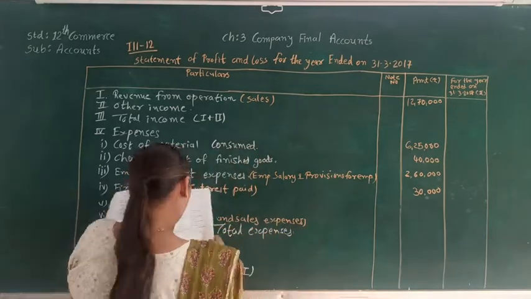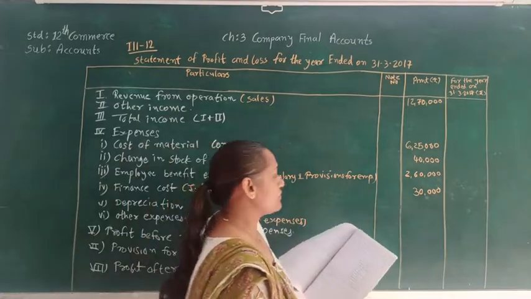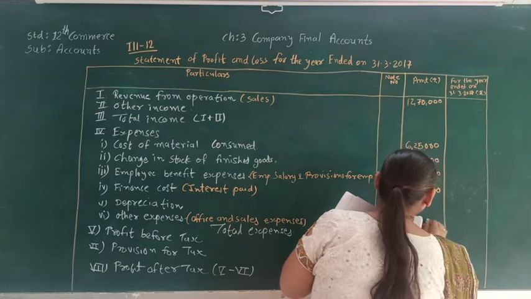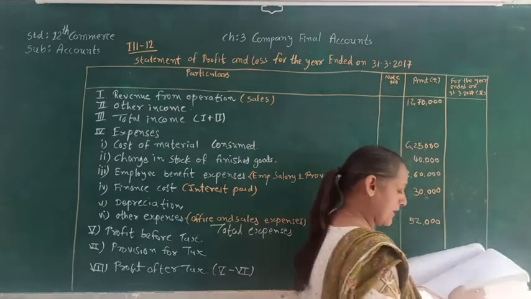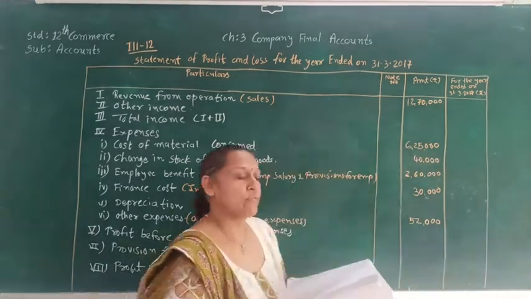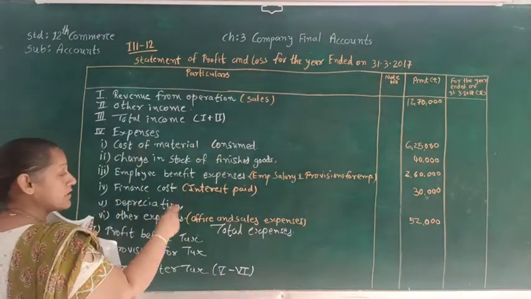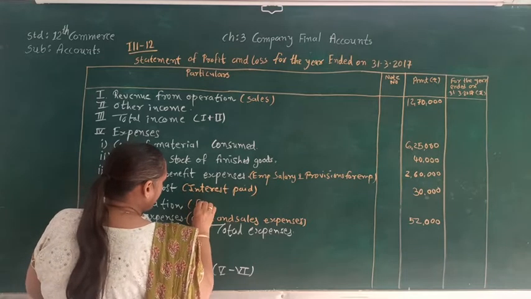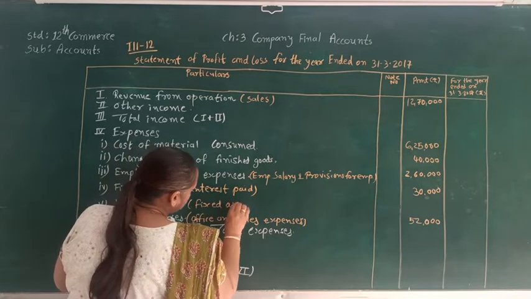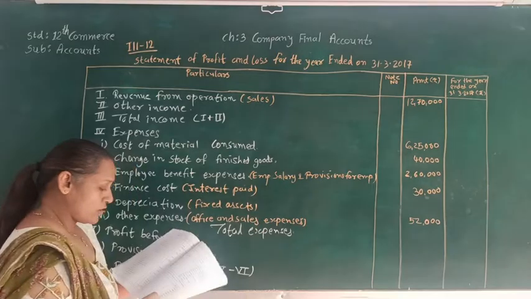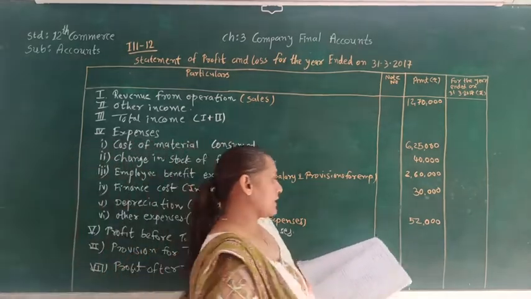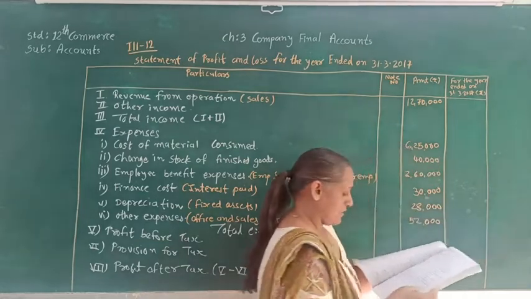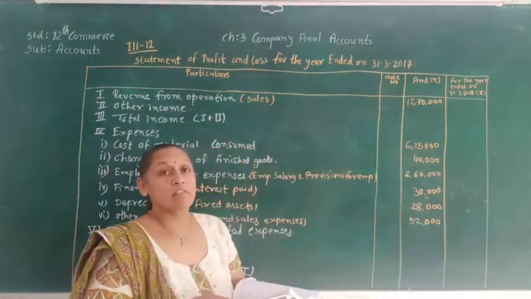Here office and sales expense is 52,000. So we will write over here 52,000. And then depreciation on fixed asset. That will be written under the head depreciation. Depreciation on fixed asset, the total given to us is 28,000. So we will write that over here. After that, profit on sale of asset.